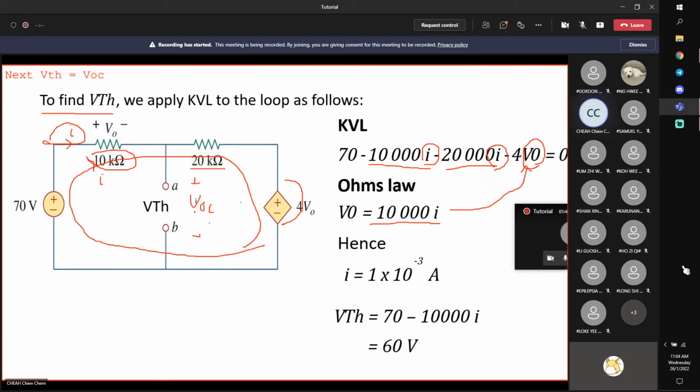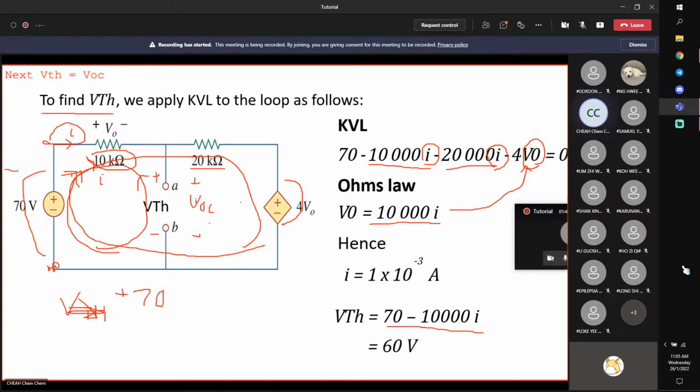Lastly is to find VOC. To find VOC, you can either write down this directly or go around any of the meshes. Over here, for example, maybe I go the other way around, because my I is defined this way, clockwise. So clockwise, maybe I start from here. Increase 70.